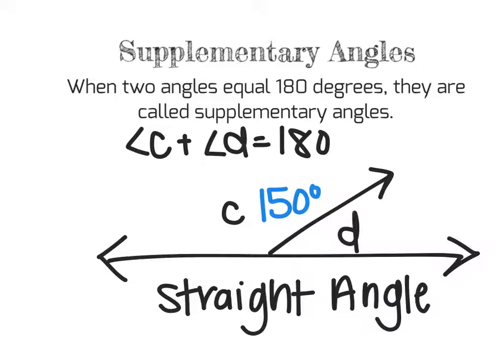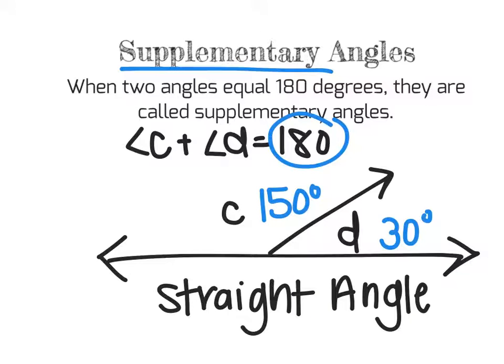And then angle D would have to equal 30 degrees for them to equal 180. So what you need to know is that supplementary angles are different from complementary because the two angles equal 180 degrees, or the angles add up to equal a straight angle. How I like to remember this is S for supplementary, S for straight angle, or 180 degrees. That's a way to remember it.